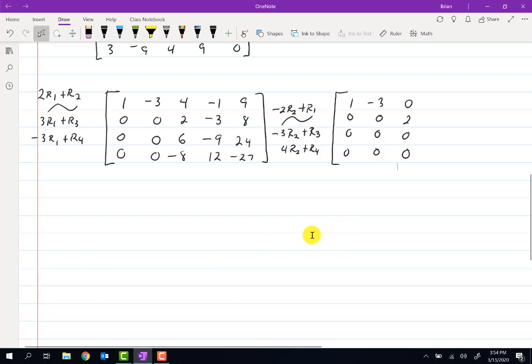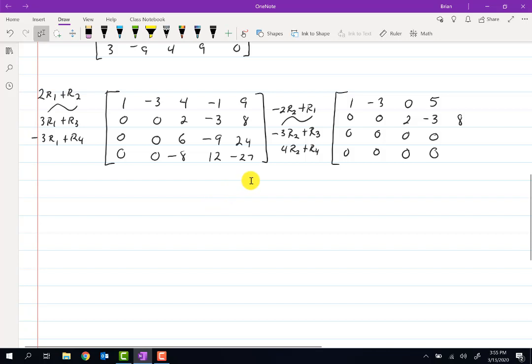Now let's see what happens in the other rows. Okay, so negative 2 times negative 3 is positive 6 minus 1. That will give me a 5. I should keep in mind that the second row is unaffected by all this. Then negative 3 times negative 3 will be positive 9. Minus 9 will go to 0 there. And then 4 times negative 3 will be negative 12, plus 12 will be 0.